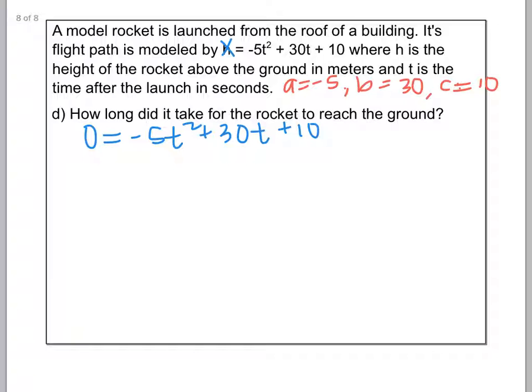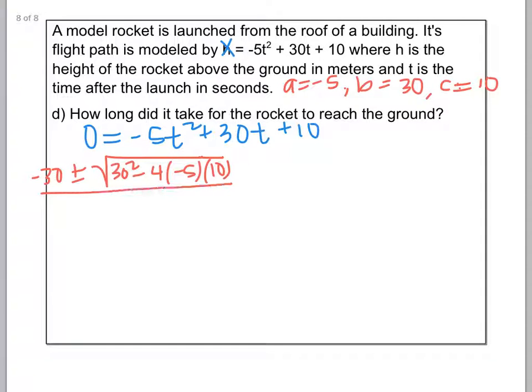Again, if you haven't stopped and practiced yet on your own, go ahead and do that, and then check it against my work. So opposite of b, negative 30 plus or minus the square root of b squared minus 4 times a times c, all over 2 times a. So if I move on to simplifying, I have negative 30 plus or minus the square root of 900. 30 squared is 900.